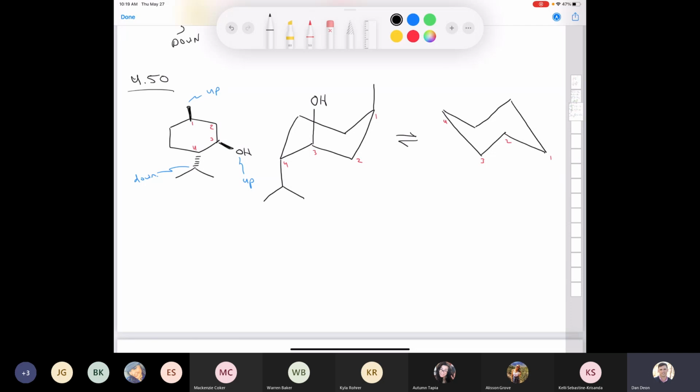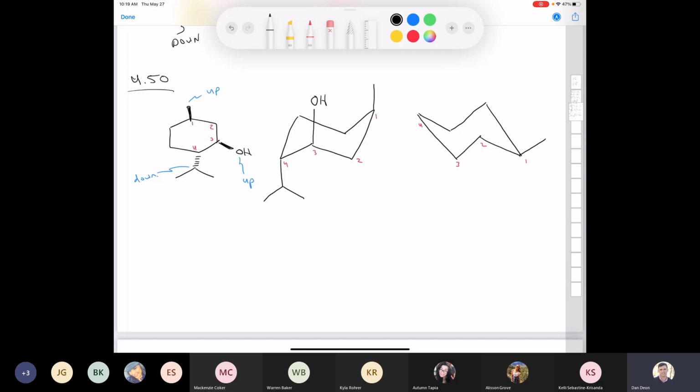I mean, holy smokes, have you got some 1,3-diaxial interactions here or what? I'm kind of giving the answer away. But if we move over to the other conformation, which I don't have enough room for here, let me erase these and move it over a smidge. There we go. On carbon 1, the methyl group is up, but now it's equatorial.